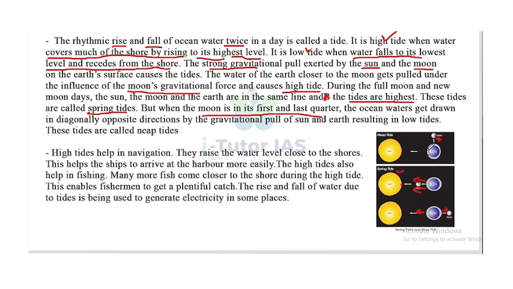So the moon pulls this way, but the same pull is from here, from the sun. So the resulting tide is very low. That is called neap tides. So spring tide is high tides and neap tide is low tides. Just remember that only.